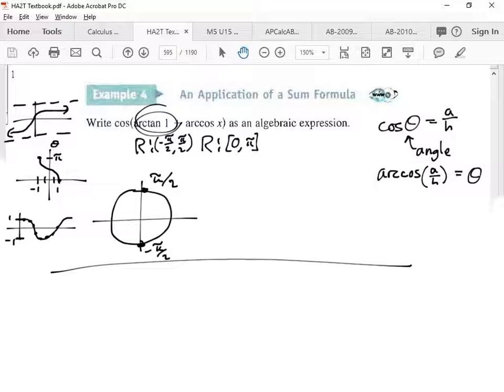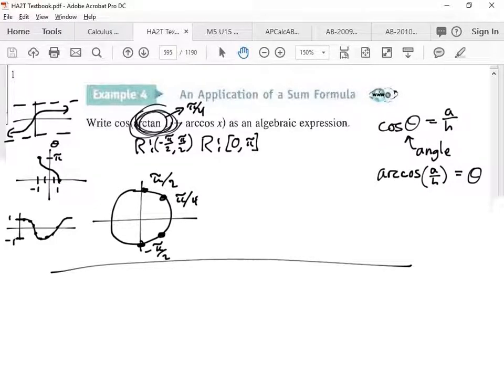Do you guys remember where tangent equals 1? Right here, that's at pi over 4, and that equals +1. If I came down here, that would equal -1. So this gives me pi over 4.